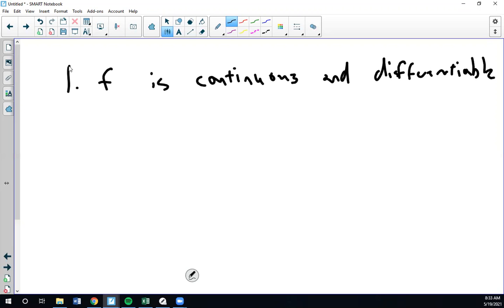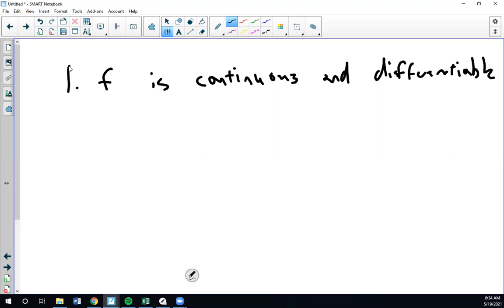Usually that is said because that's the kind of condition that needs to be fulfilled in order to use the mean value theorem. If our function's not continuous and differentiable, then not mean value theorem. Mean value theorem doesn't apply.